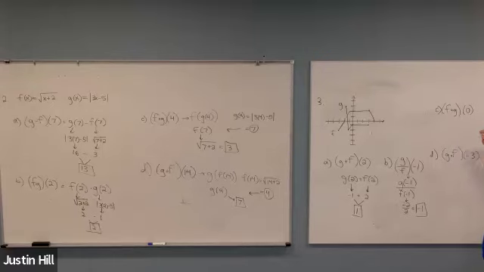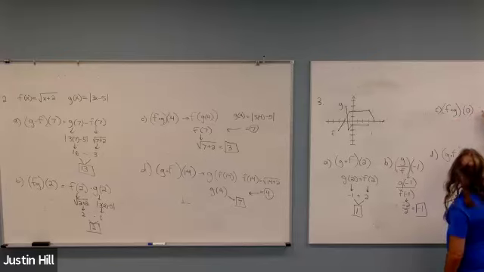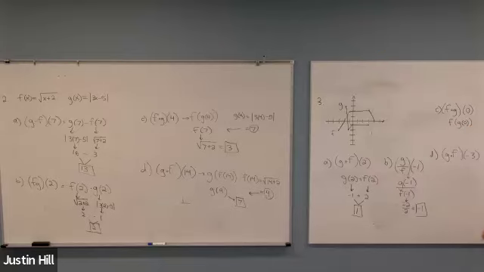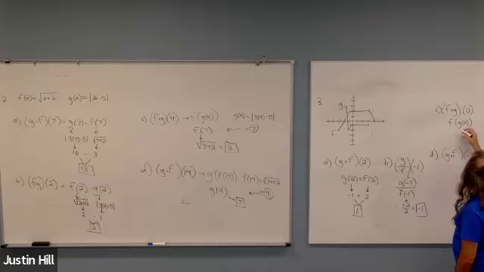So F composed G of 0 is still the same, it's still F of G of 0. Now we just get to read all that off the graph. So based on the graph, what is G of 0?